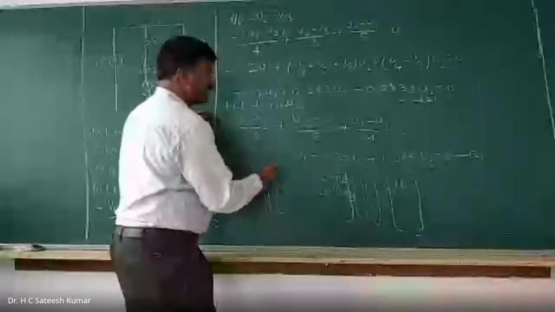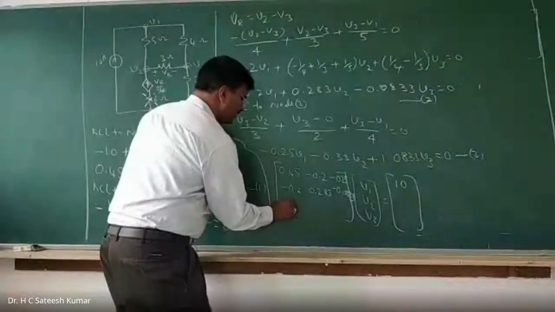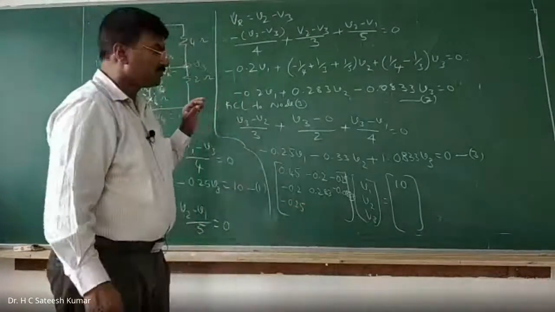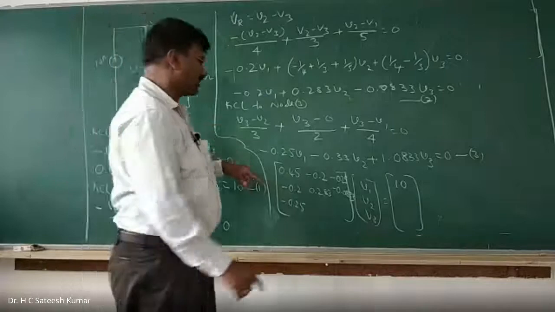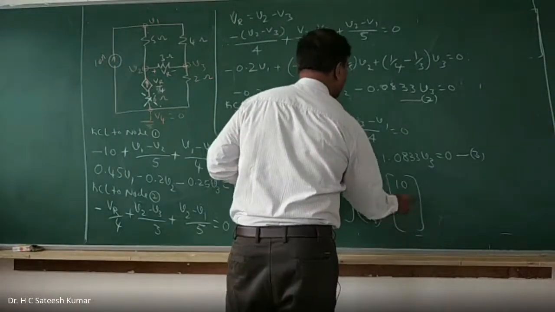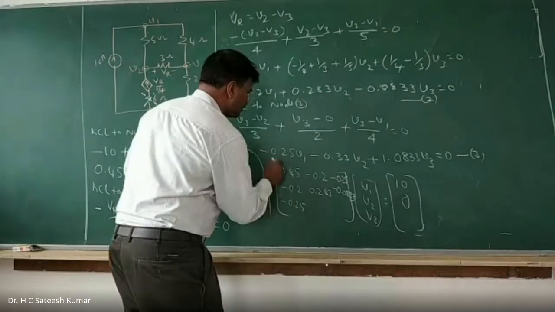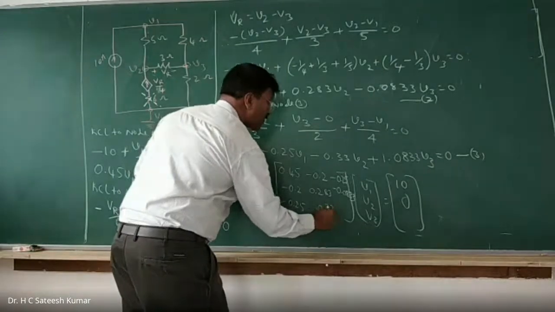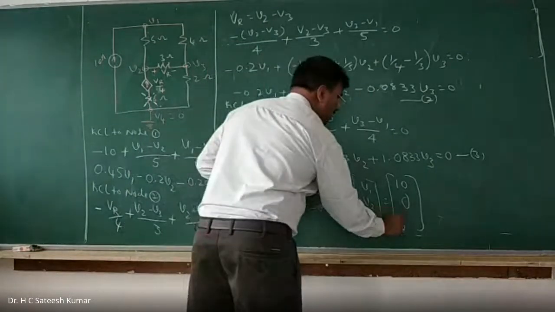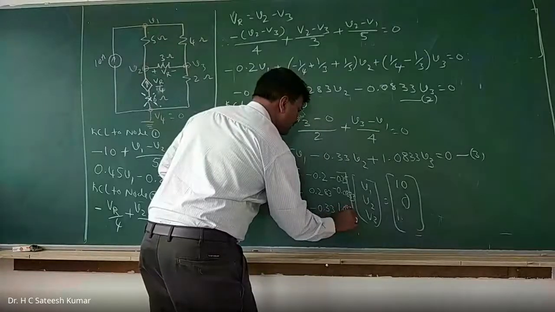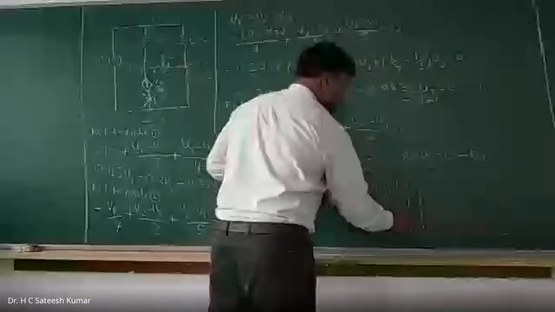And third one is minus 0.25. Right hand side is 0 in the equation 2. Third one is minus 0.25, minus 0.33 and 1.0833, and right hand side is 0. Check it.